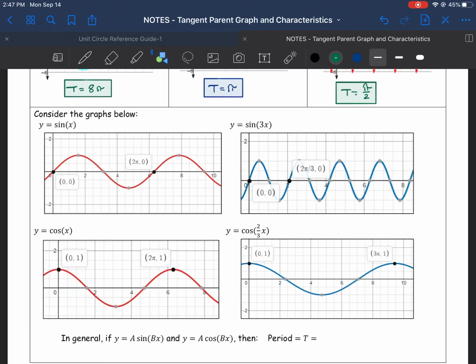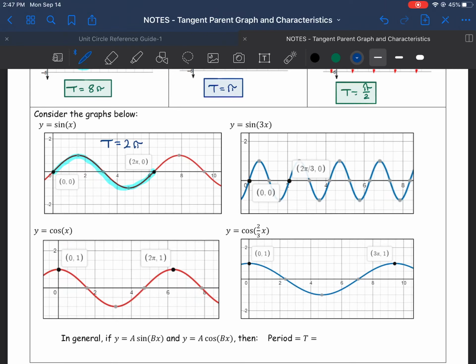So let's see if we can notice a relationship here. On the left, we have the parent function for sine. We have y equals sine of x. And let's go ahead and highlight one full period. There's one full cycle. So the period from 0 to 2 pi, this tells us that the period is 2 pi.